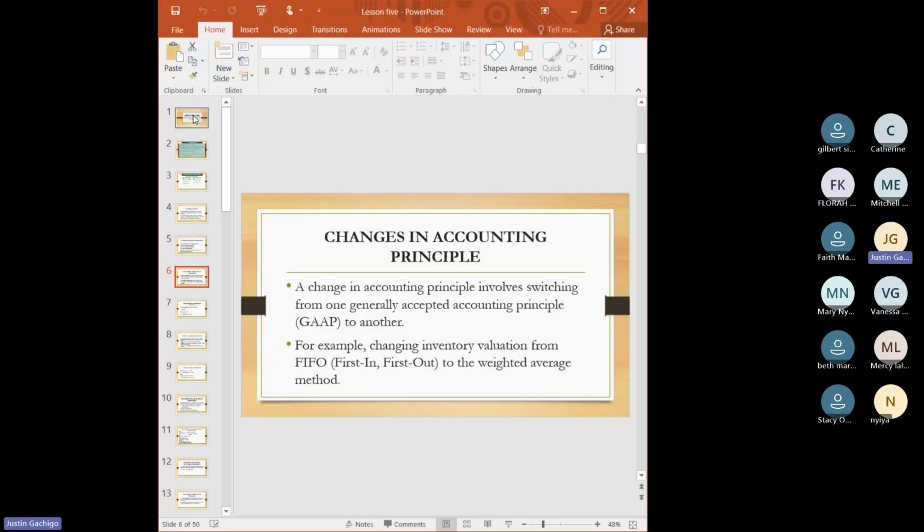I believe that we have covered cost accounting, so we know the advantages and disadvantages of FIFO and of the weighted average method. So if a company wants to improve reliability and relevance, they can choose the method that best suits them on various parameters.